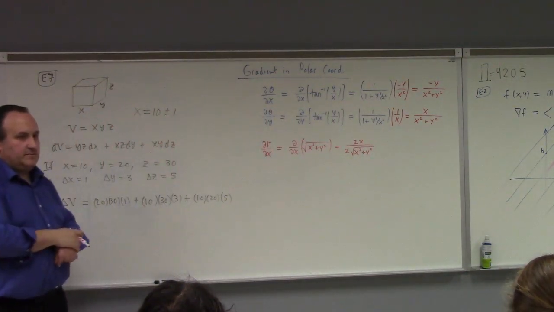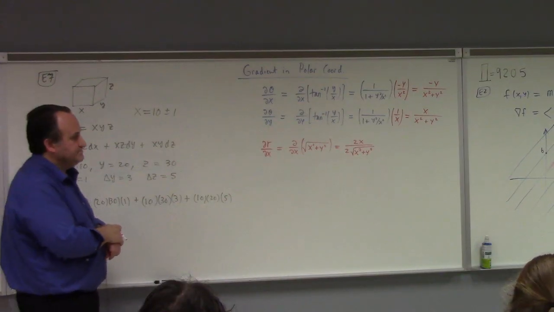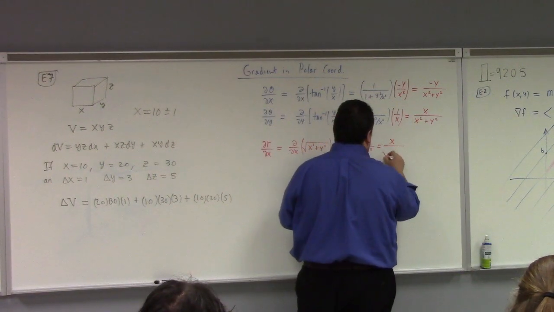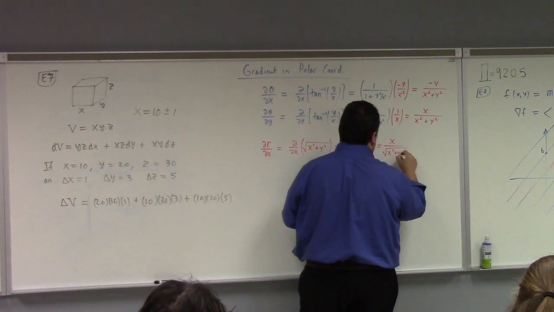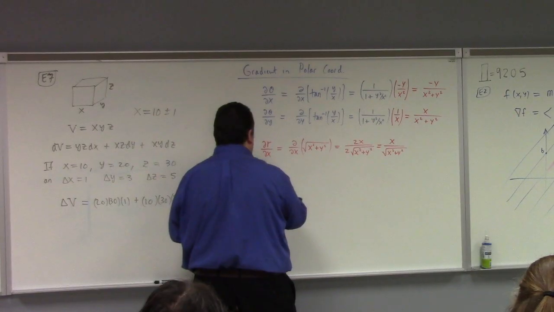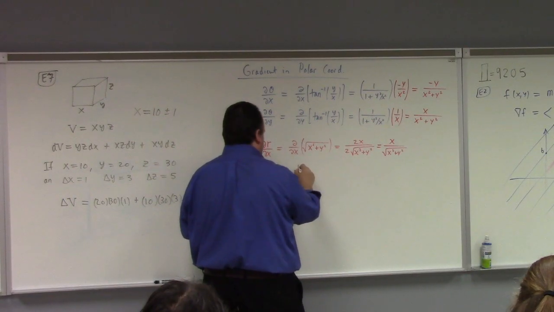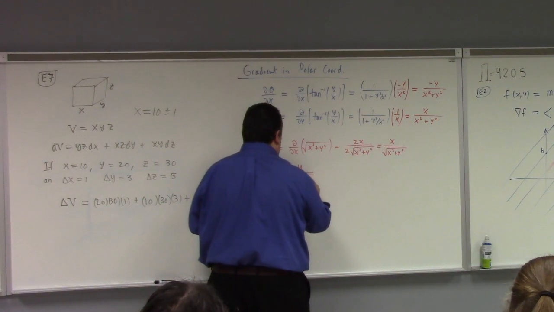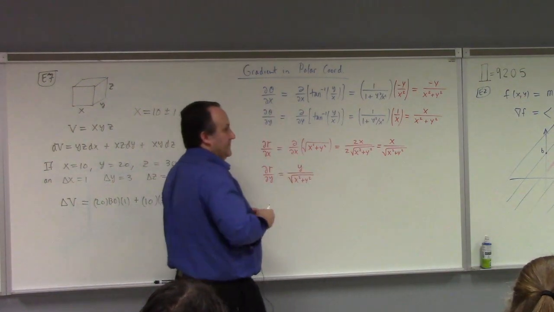The 2's, they cancel out. What are we left with? Yeah, x over the square root of x squared plus y squared, right? And likewise, partial r partial y is equal to, same calculation almost, y divided by the square root of x squared plus y squared, right?